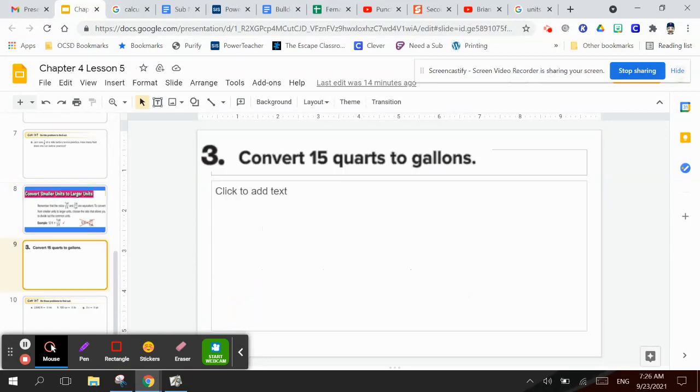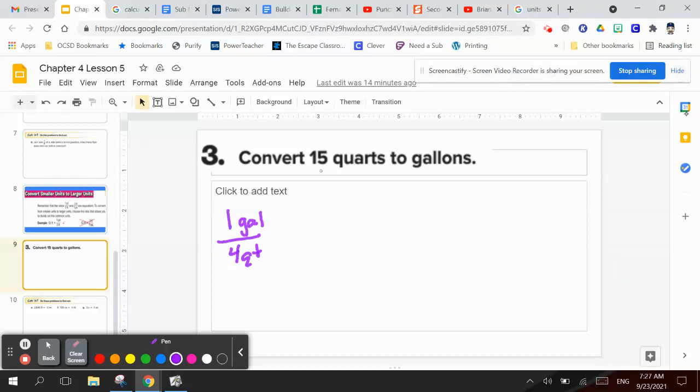So when I look at my example number 3, convert 15 quarts to gallons. All right. So I need to know how many quarts there are in a gallon. So I know there are 4 quarts in a gallon. So since we're looking for gallons, I have 1 gallon is 4 quarts.